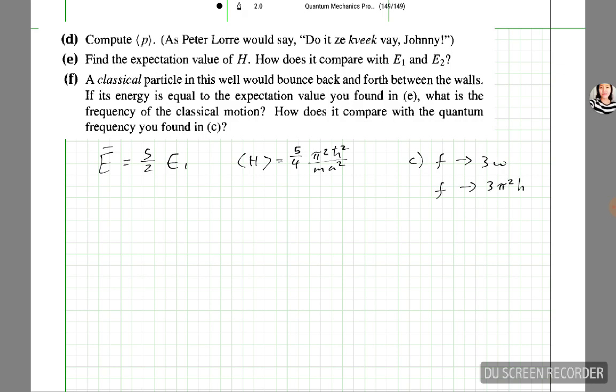I'm just using f as a shorthand for frequency, not making the distinction between frequency and angular frequency here.